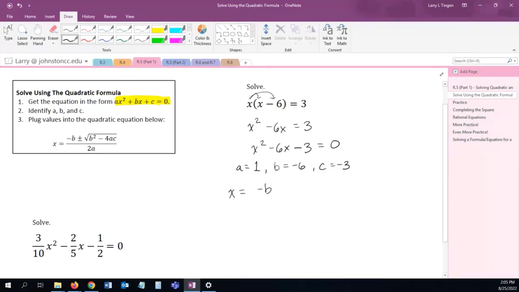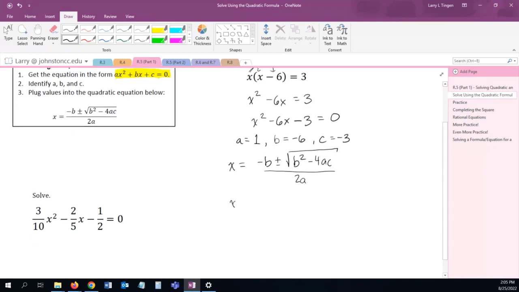So x is equal to the opposite of b, plus or minus the square root of b squared minus 4ac, all divided by 2a. And what do I have? b is -6.